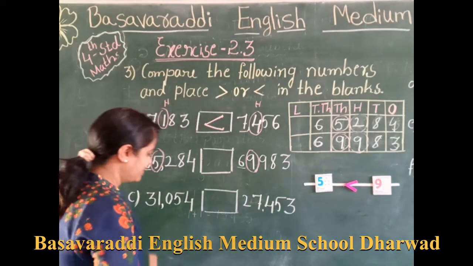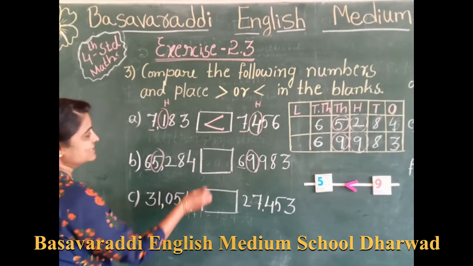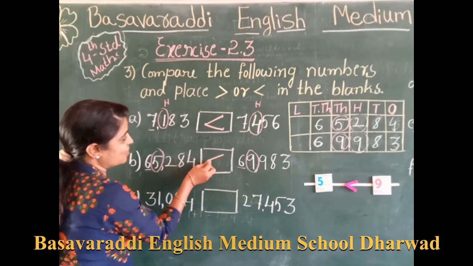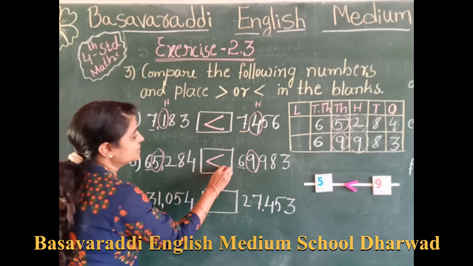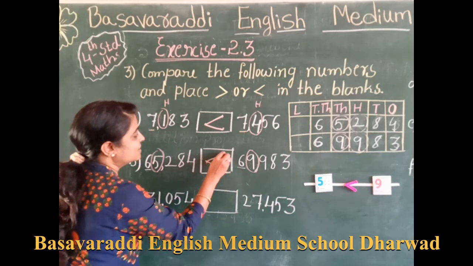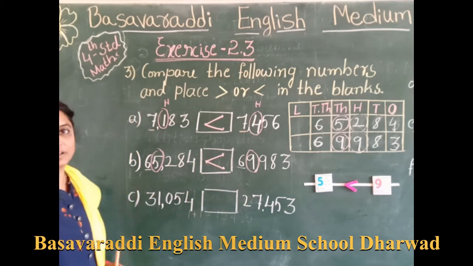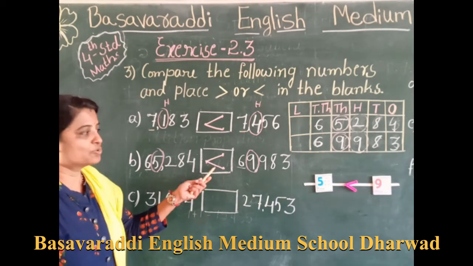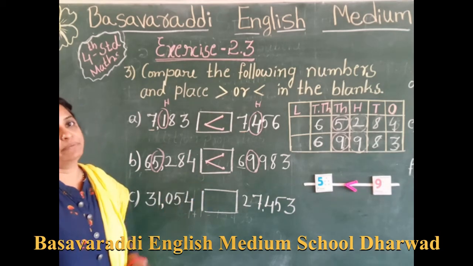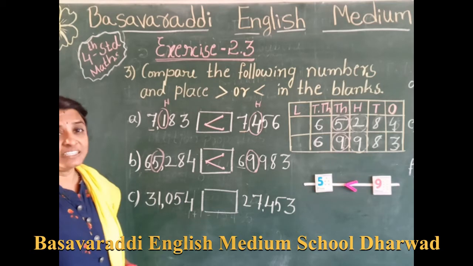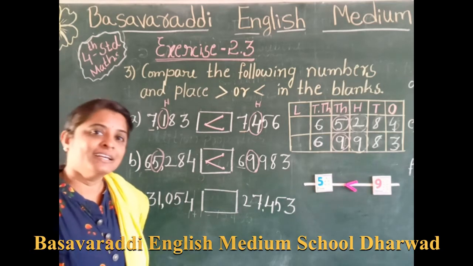Yes. Then put here also the smaller than sign. Then always open to the big number. Our mouth should be open. What we are putting, that sign's mouth should be open to the big number. Yes, it is clear for you. Concept is clear for you.